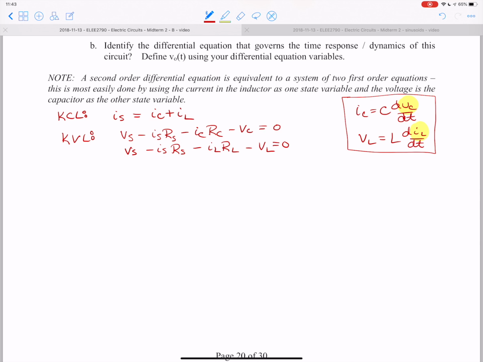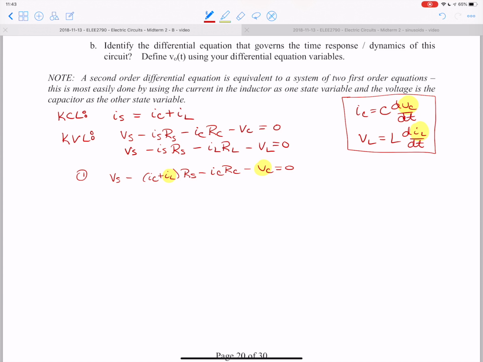So working with the first equation, Vs minus IC plus IL times Rs minus ICRC minus Vc is equal to 0. And in this first equation, we want Vc and IL, but we want to be replacing IC with the C dVc by dt relationship.